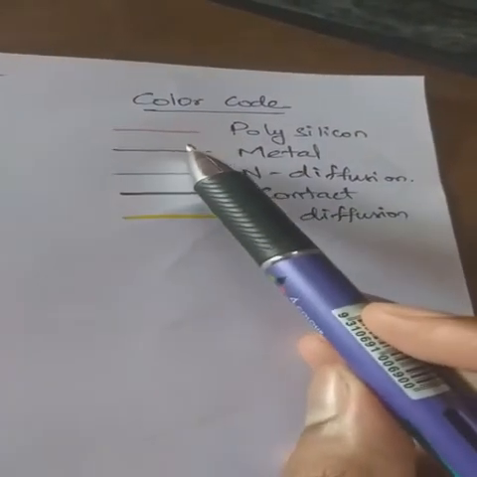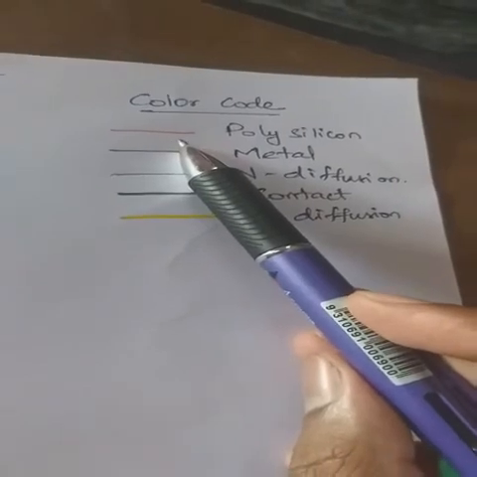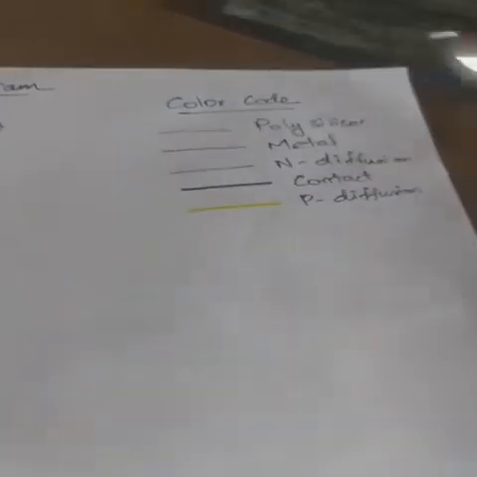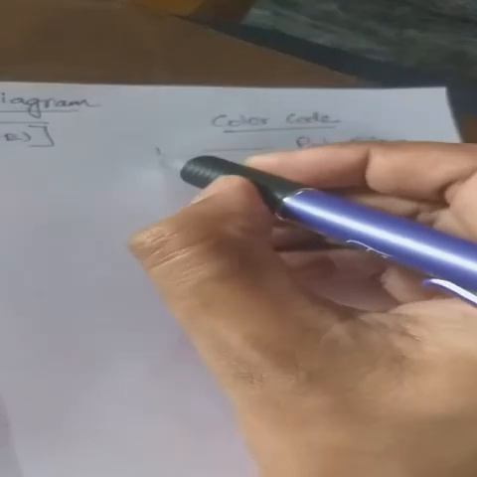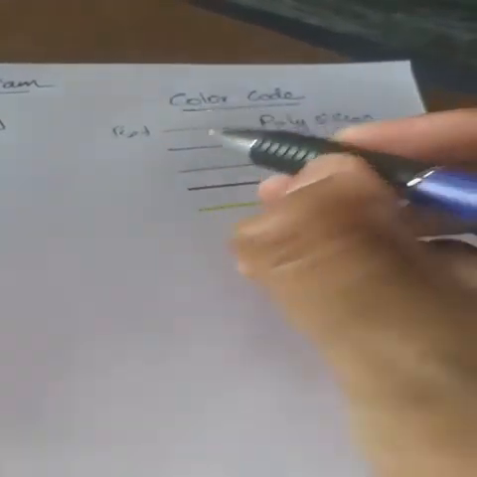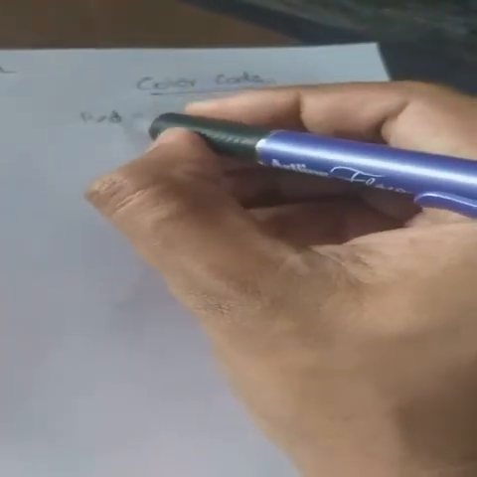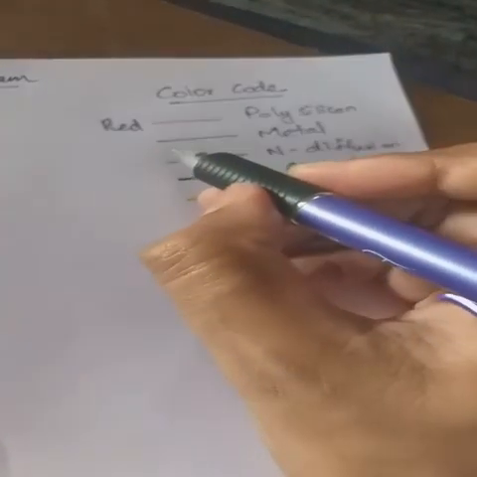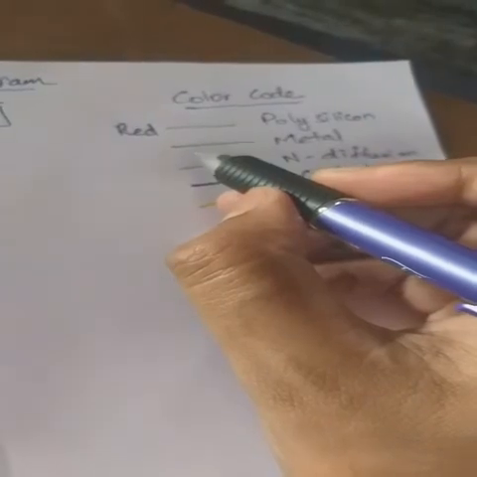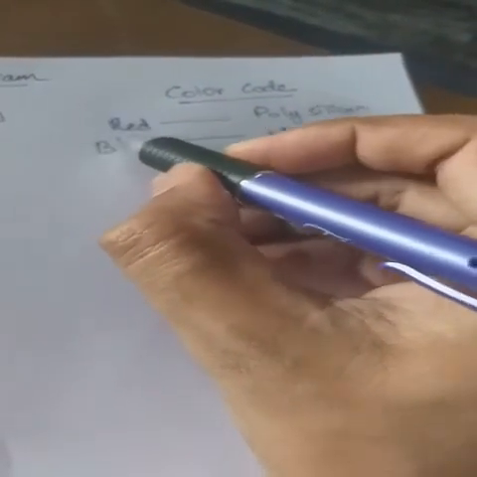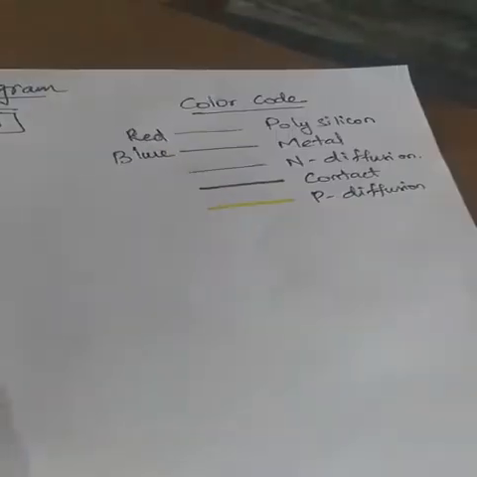The first one is the polysilicon layer, which is represented in red color. The second one is the metal layer, which is drawn in blue color.